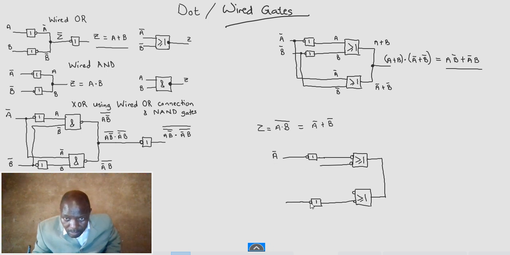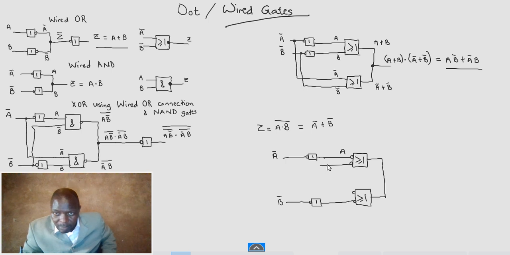This is my node B. And I say my A here goes in with my, I think I've messed it up here.